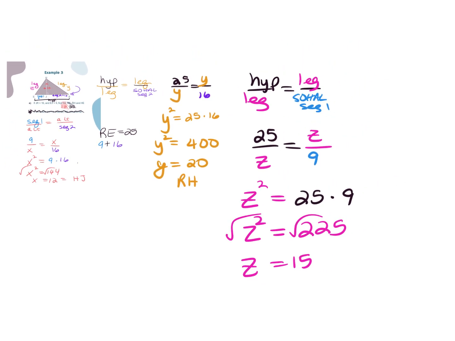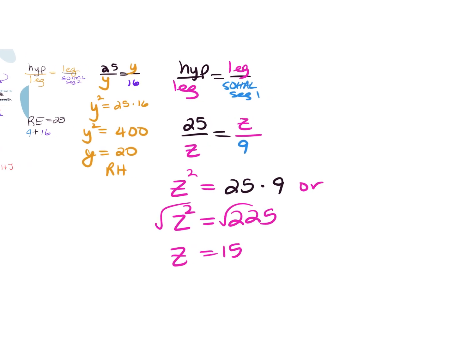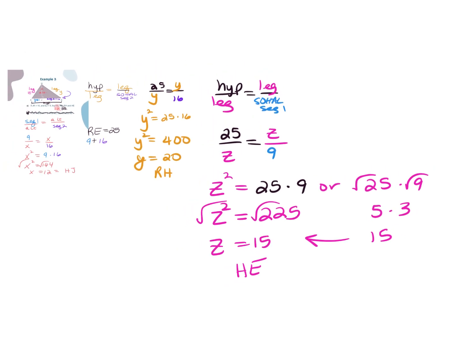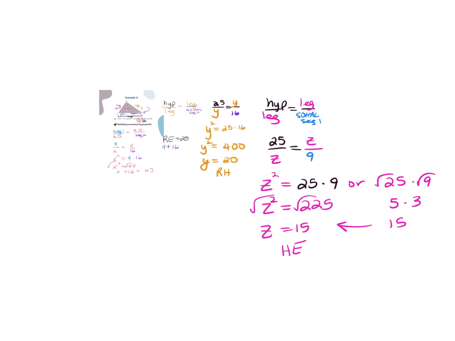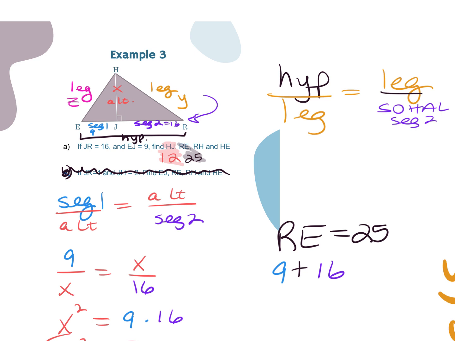Now again, if you weren't using a calculator, what you could have also done here is square root the 25 and the 9 to get 5 times 3, and you still get the same answer. And remember, Z was HE. So now I found all of the pieces of the triangle. So HE is 15.